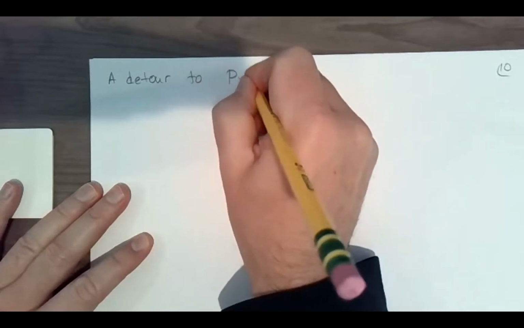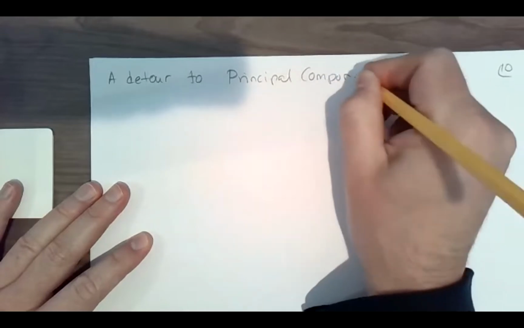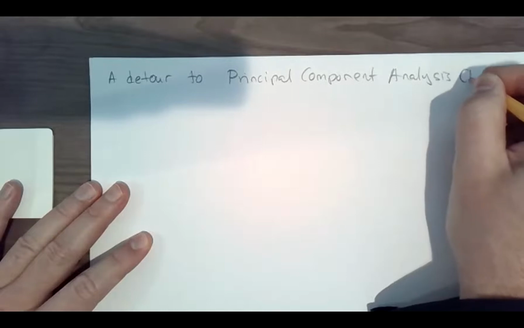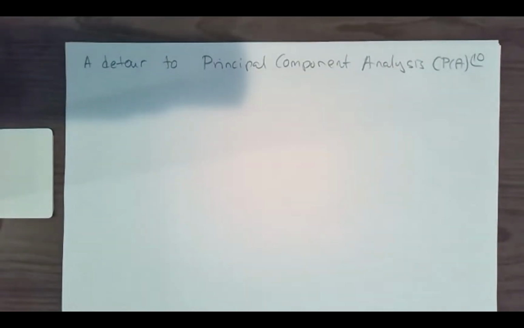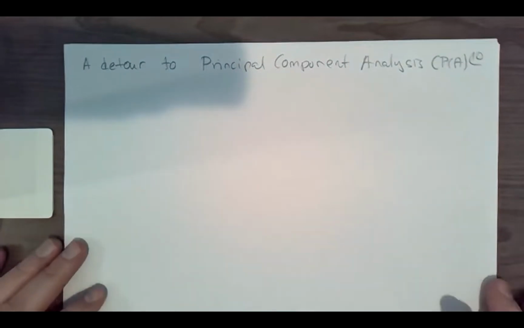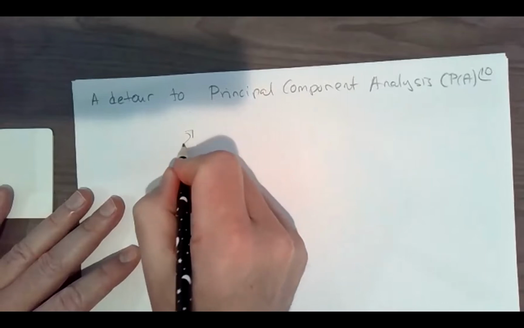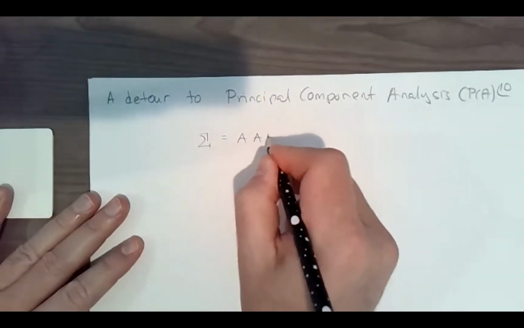So it's called principal component analysis, PCA. What we were looking at was that we were interested in decomposing sigma as A A transpose.